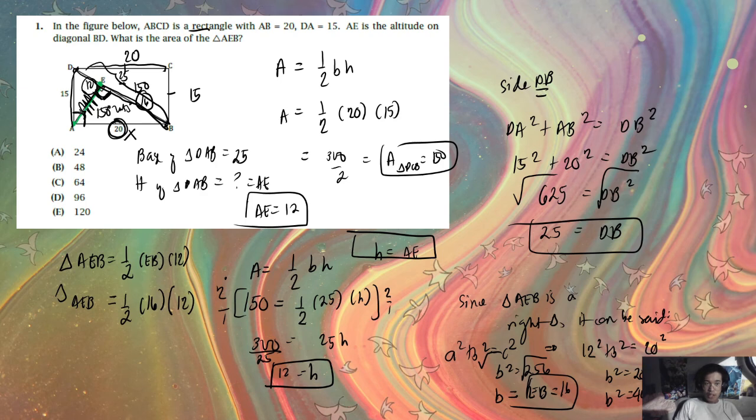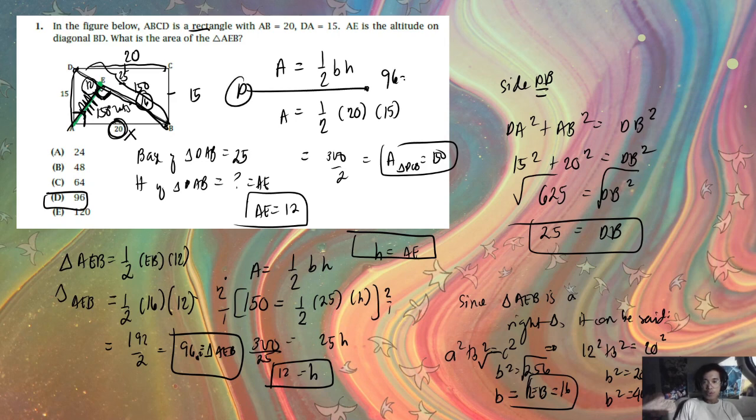So the base is 16 and the height is 12. That gives us 16 times 12, which is 192, divided by 2, so the answer is 96. Therefore, the area of triangle AEB is equal to 96 square units. That's how we solve this problem.